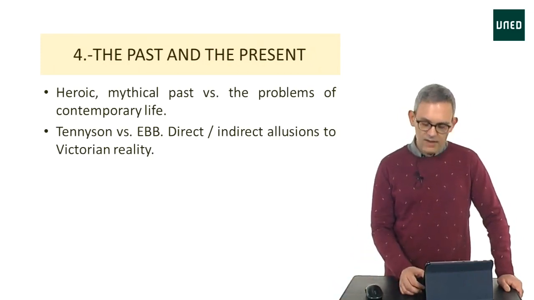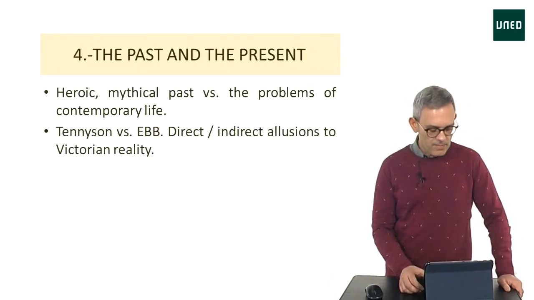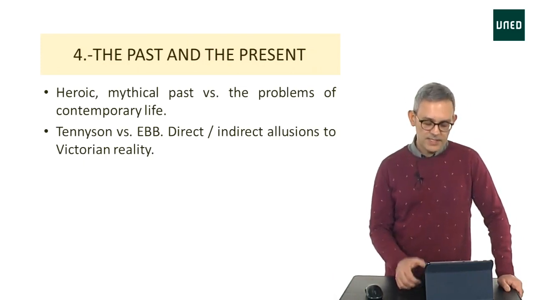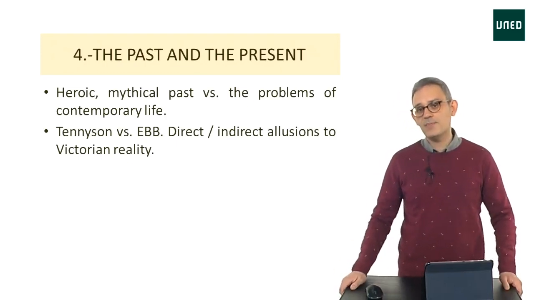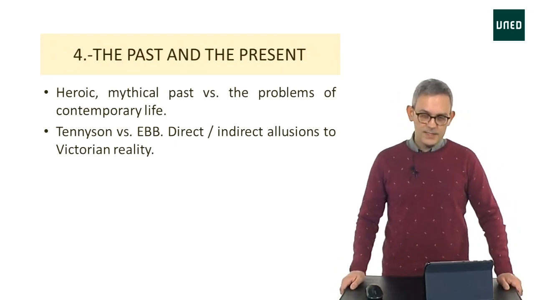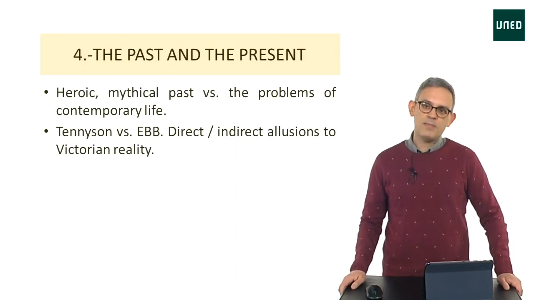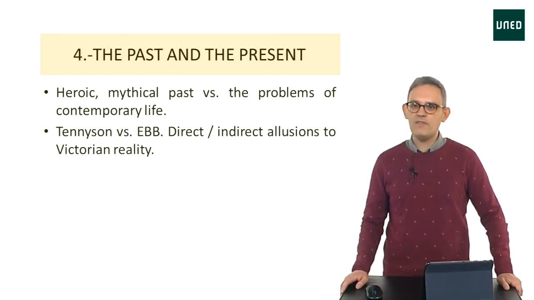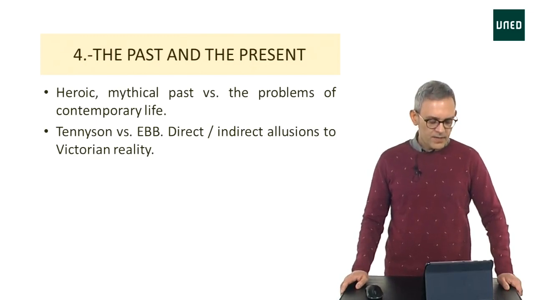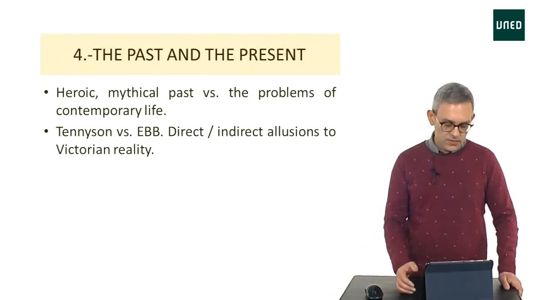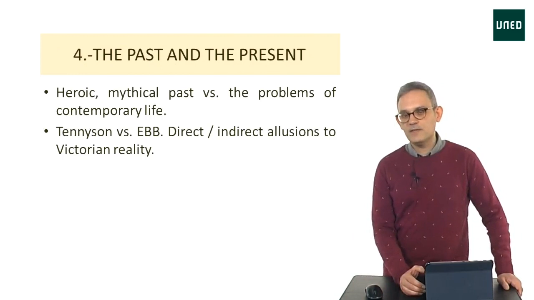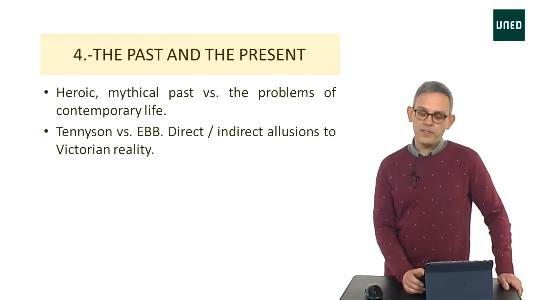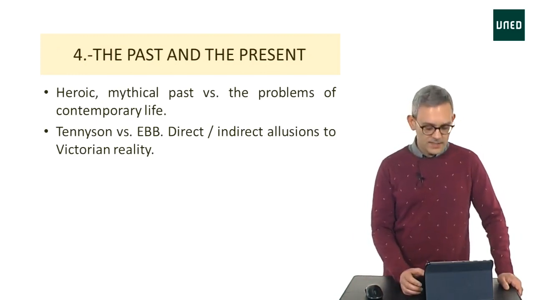In this last work, a very ambitious and long poem, however, the presence of the past does not represent an escape from the present, since connections can be established between the Arthurian legend and Victorian England. Certain episodes contain more or less subtle allusions to the poets and the readers present.